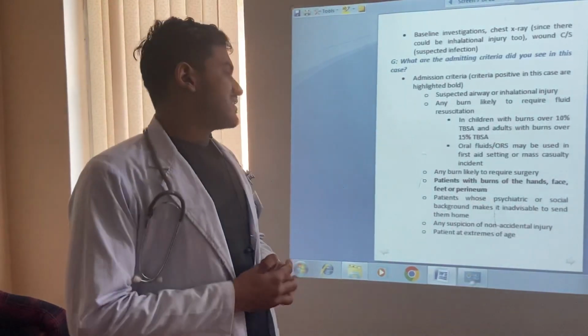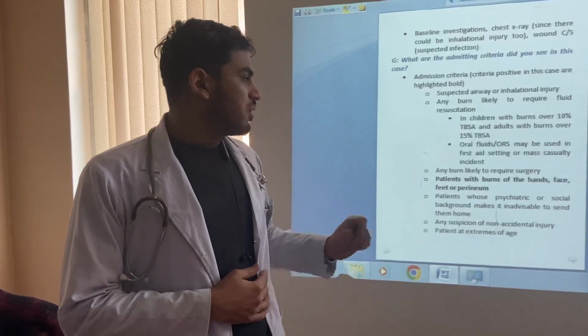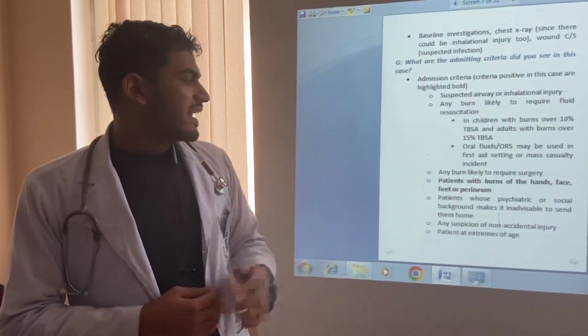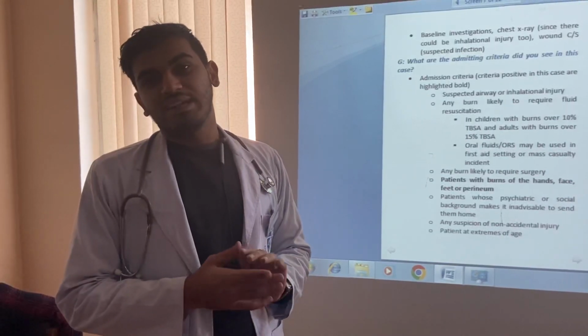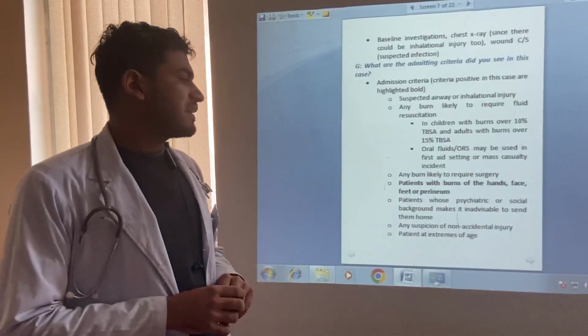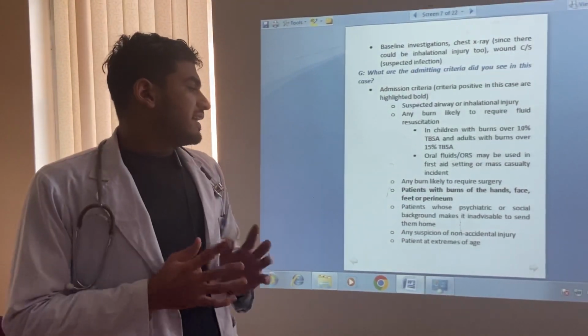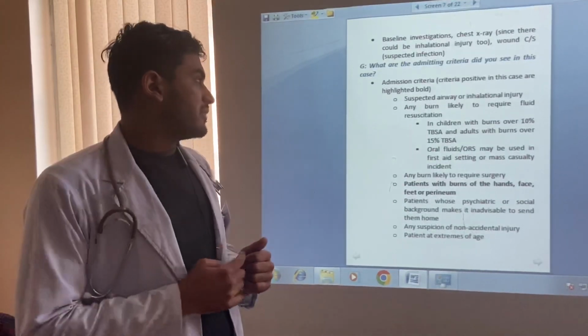In our case also, the patient is having burn in the perineum and the hand, so it is a criterion suggesting that the patient must be admitted. Patients whose psychiatric or social background makes it inadvisable to send them home are also admitted to the hospital.